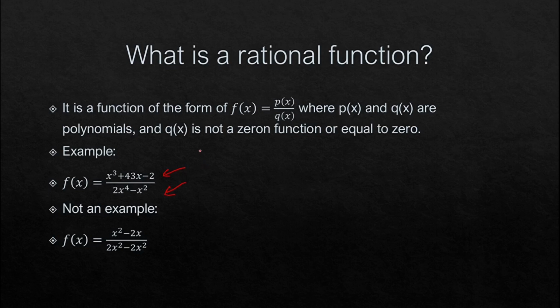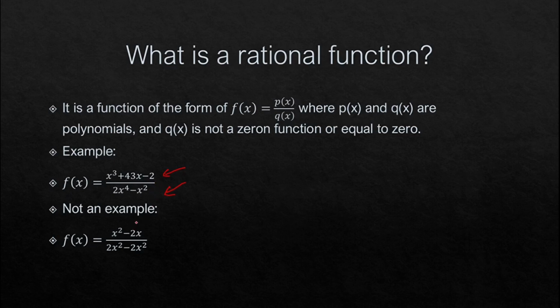Kasi, what you need to know kasi, to a rational function, basically, parang magdi-divide lang siya ng polynomial all over a polynomial. So, kung makita ka ng polynomial, tapos ang denominator naman, polynomial, and then may function dito, sabihin, this is a rational function.